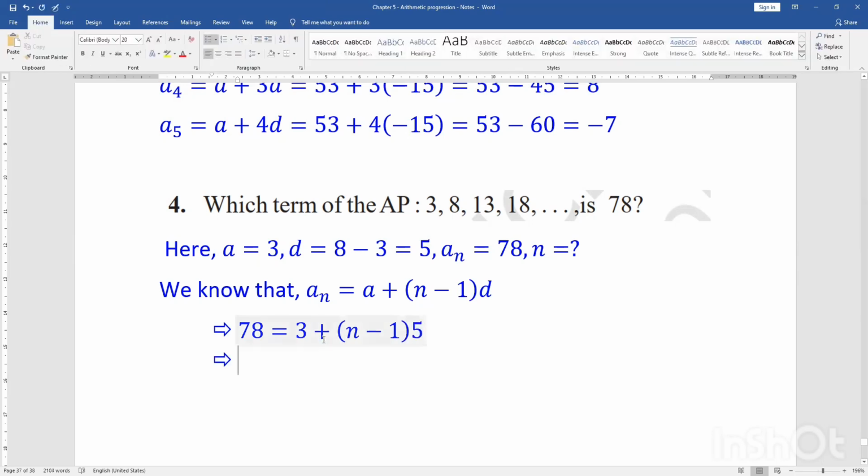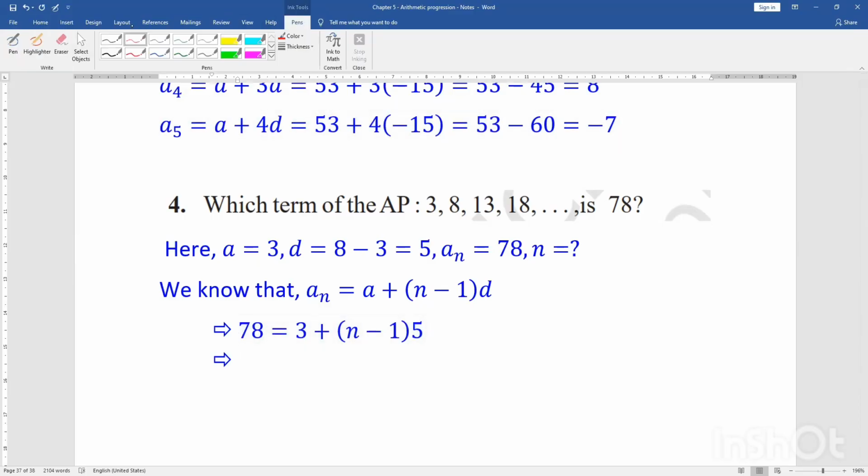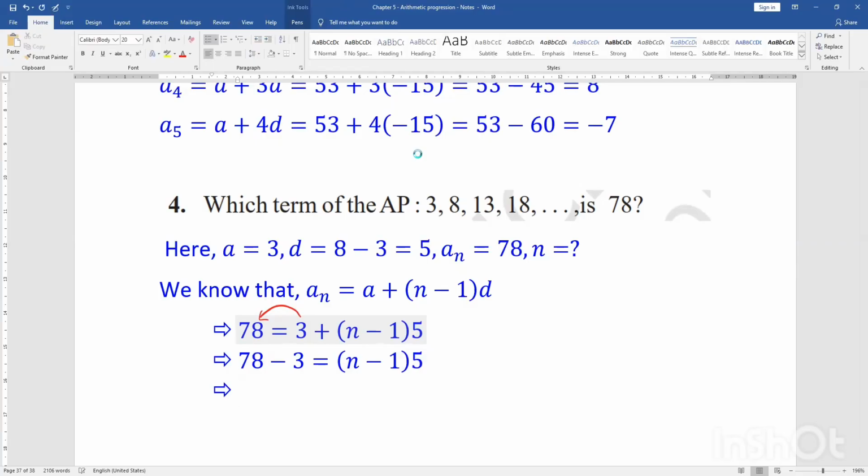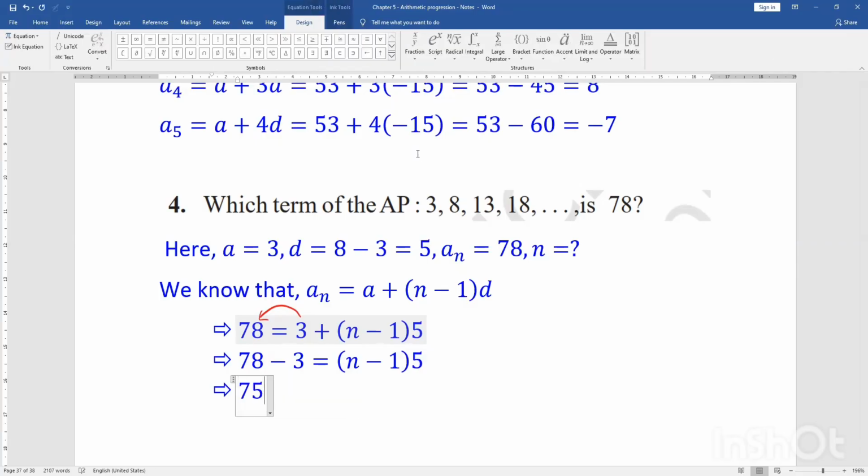And then I'm going to transpose 3 to the left hand side. So it becomes 78 minus 3 equals n minus 1 into 5. What is 78 minus 3? It is 75 equals n minus 1 into 5.